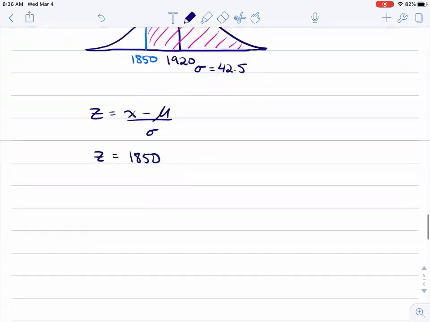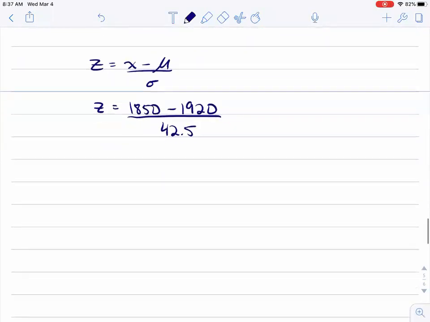And so minus mu, that's always going to be at the center, 1920, divided by 42.5. 1850 minus 1920 divided by 42.5, I get a z-score of negative 1.647058824.